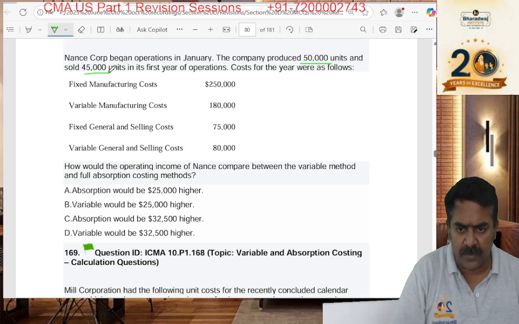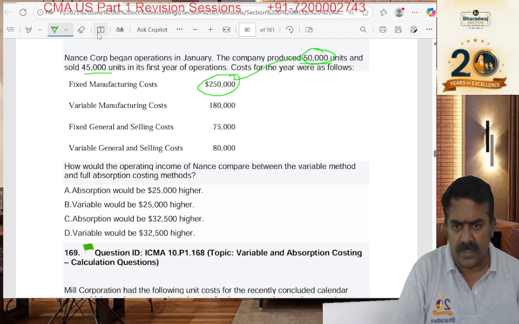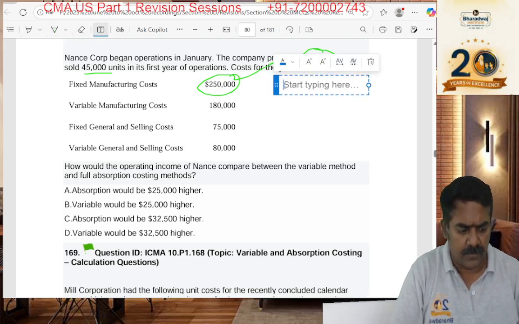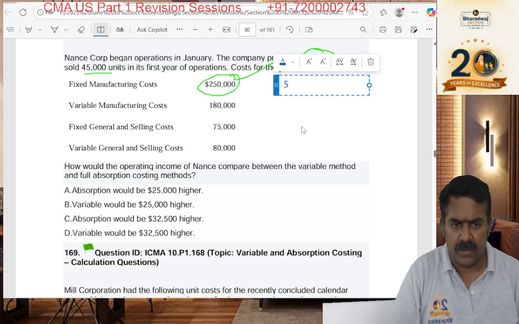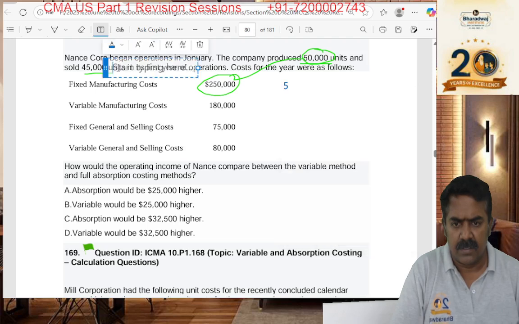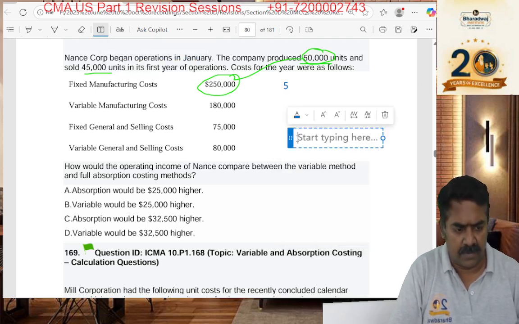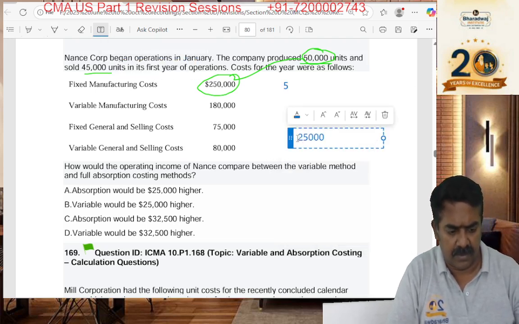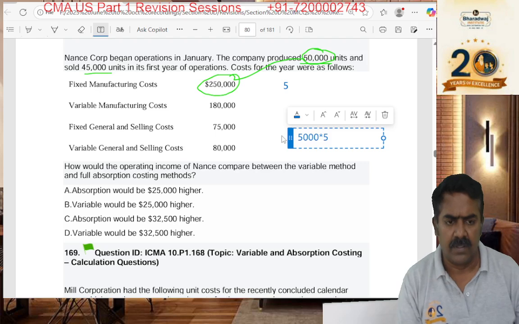Produced 50,000, sold 45,000. What is the fixed manufacturing cost per unit? 2,50,000 divided by 50,000. Now, what is the cost? 5. What is the difference in units? 5,000 units are different into 5, so 25,000 higher. Option A. Simple.